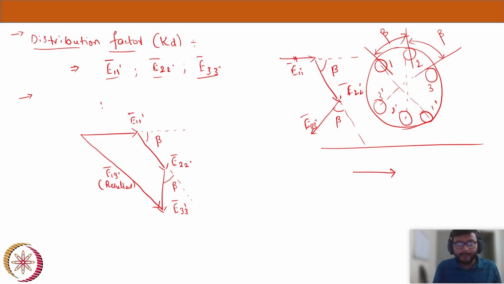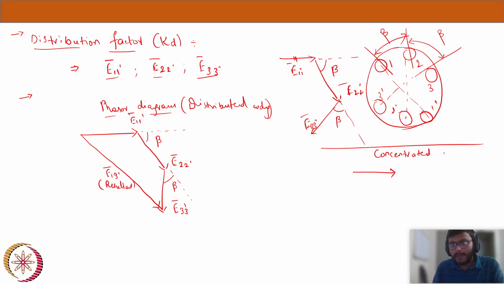This is the phasor diagram for distributed winding. Now let's see for a concentrated winding. There won't be any angular displacement here.